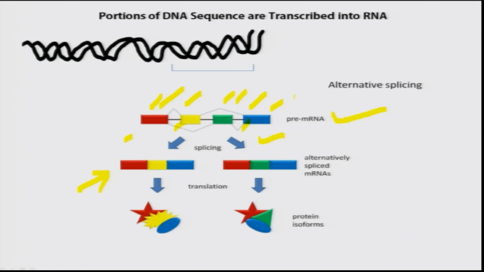As a result, the coding sequence of this transcript and this transcript are going to be very different, because this region shown here in red color may have a common coding region, but beyond that the reading frame will be shifted. Therefore, this protein and this protein may look very different and may do very different kinds of function. It is a possibility.